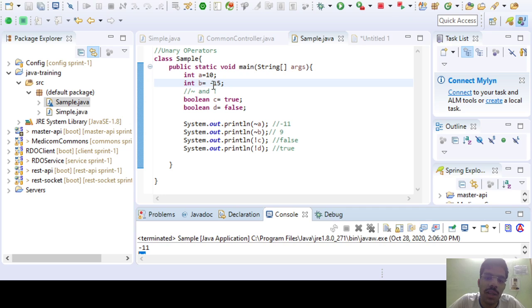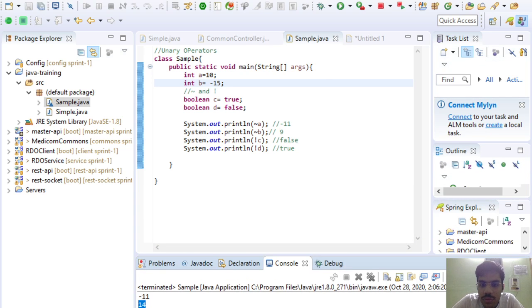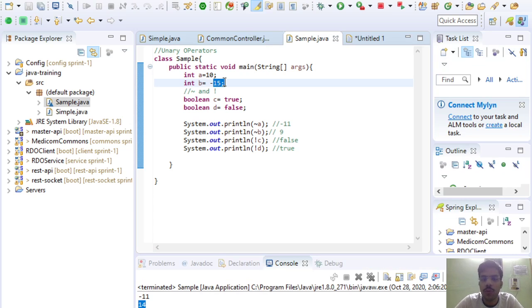Simple. Minus of minus 15 plus 1: minus of minus 15 gives plus 15, minus 1, then we get 14. It is simple. I hope you understand. Output will be 14. Okay, thanks for the confirmation.